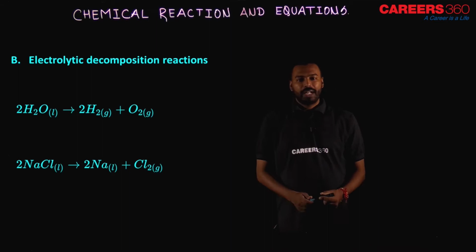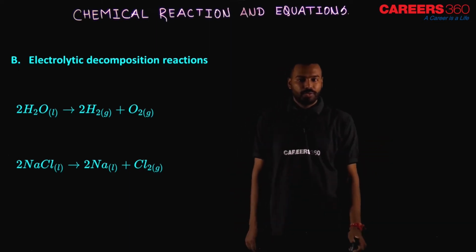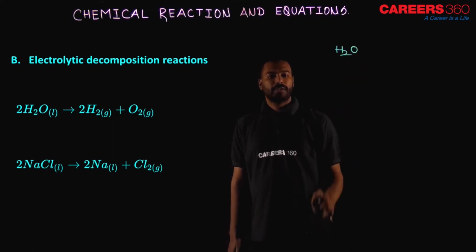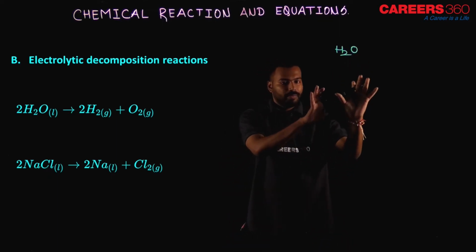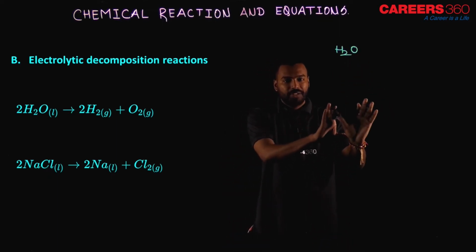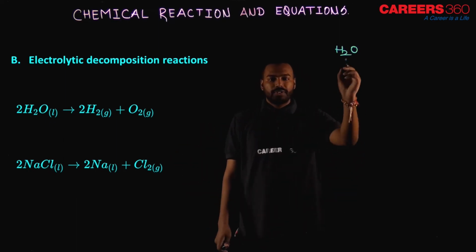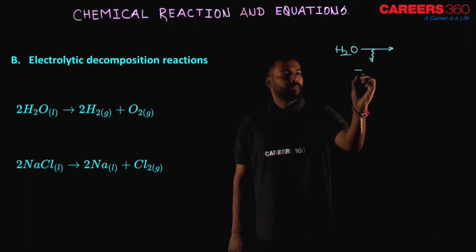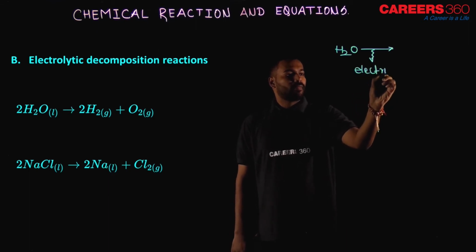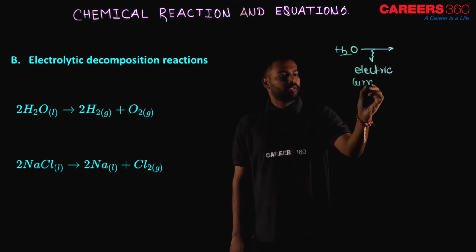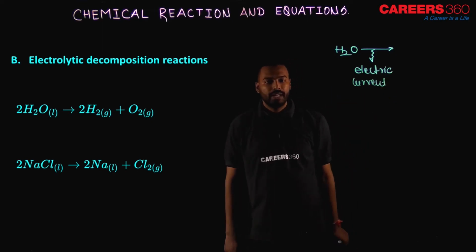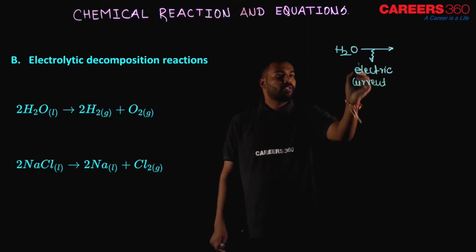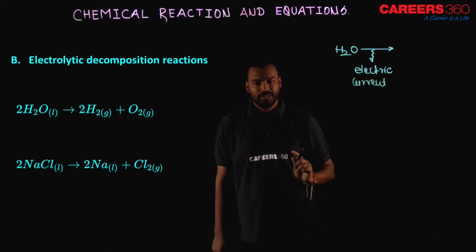What is electrolytic decomposition reaction? Dear students, understand first. If you have water, understand the explanation from my side here, then go for the text. So this is H2O and you take electricity, meaning electric current, and a few drops of acid also in this water, because pure water cannot conduct electricity.